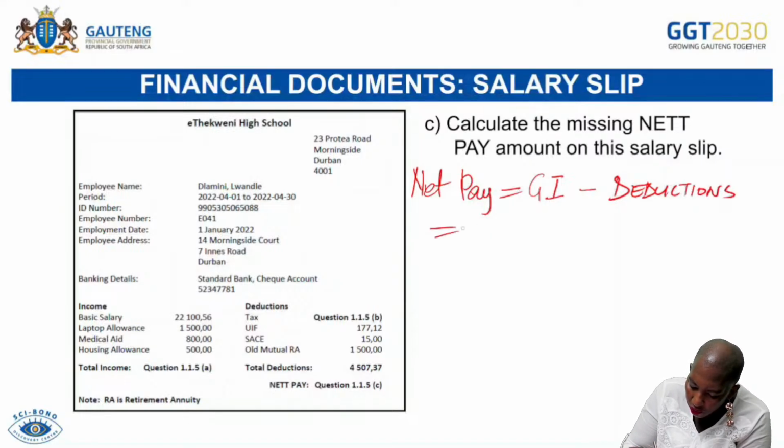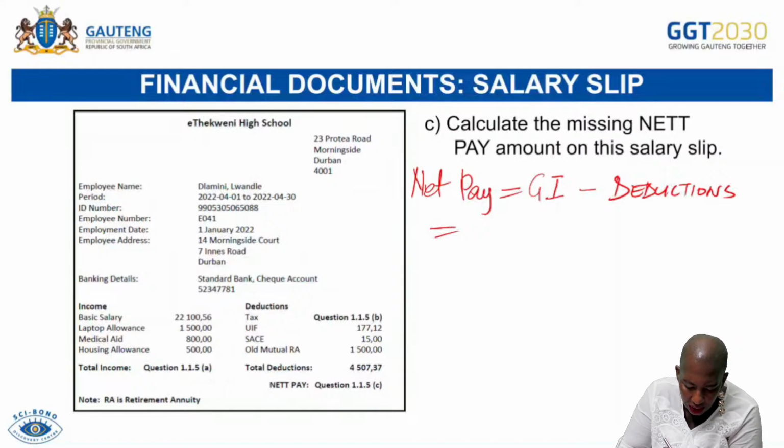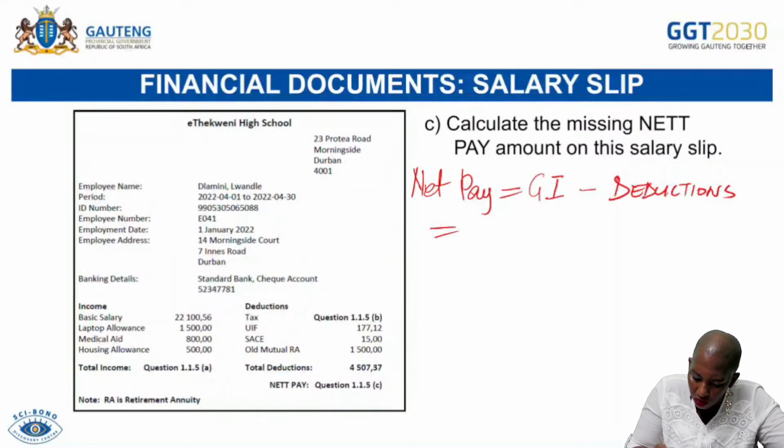So now, how much is our gross income? Quickly let's check. Okay, I will do it. Let's see the deductions because we have the deductions. Let's quickly re-add there.